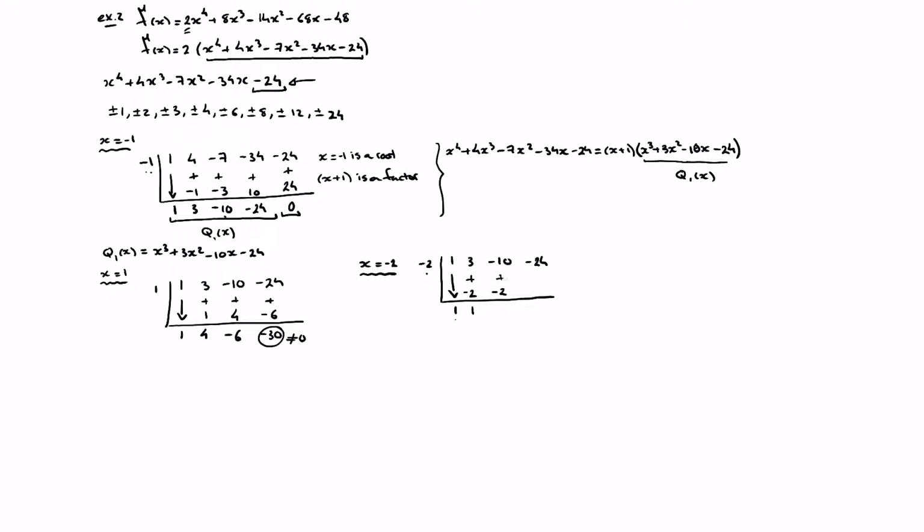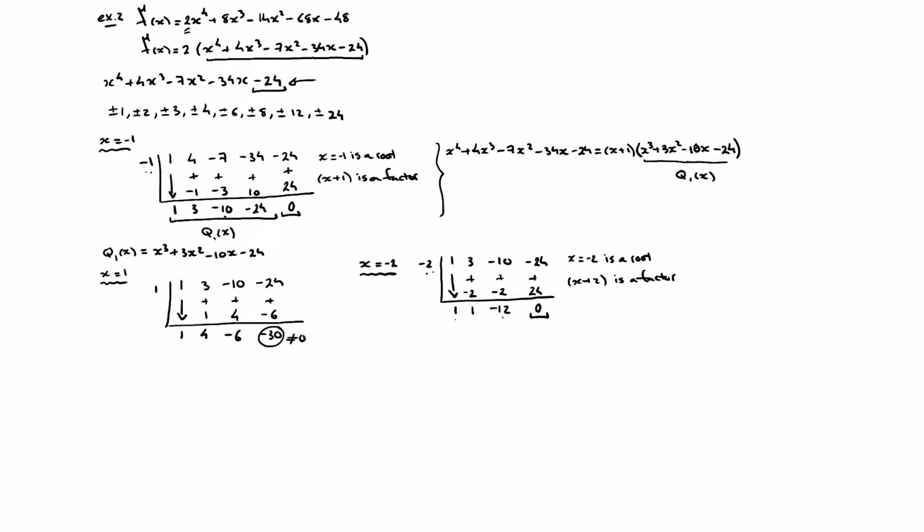Negative 10 plus negative 2 is negative 12. Negative 2 times negative 12 is 24. And finally, negative 24 plus 24 is 0. So in this case, we obtain 0, and therefore x equals negative 2 is a root. And x plus 2, therefore, is a factor.